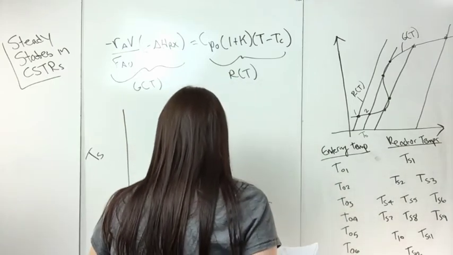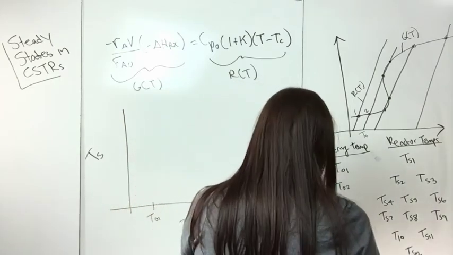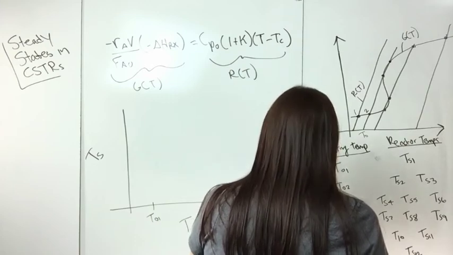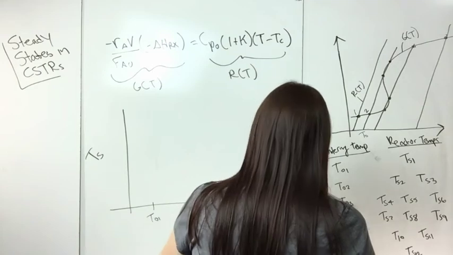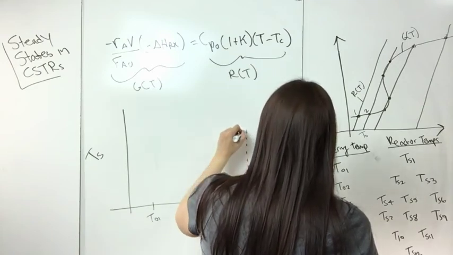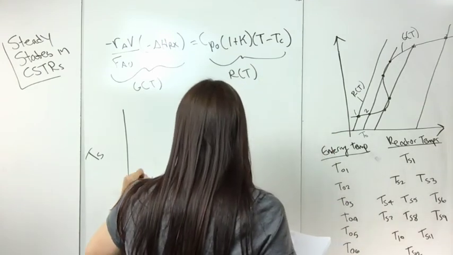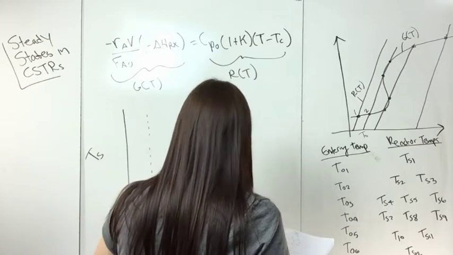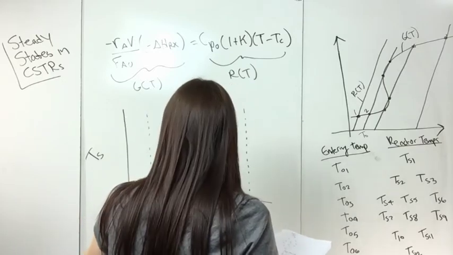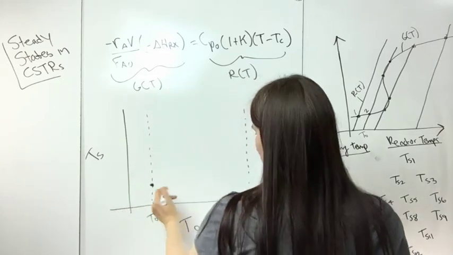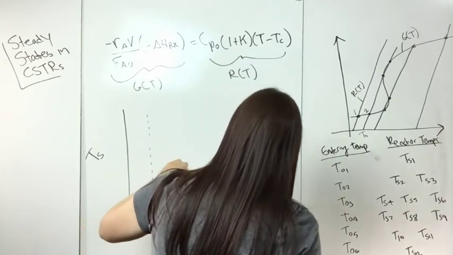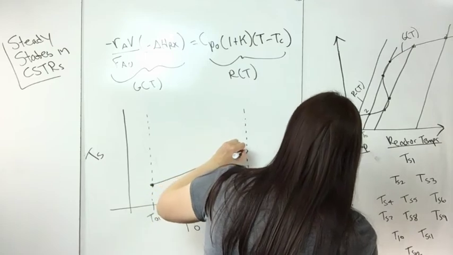Let's just say this is T01, T06, so then you have this steady state temperature with this T0, and this will increase up to here.